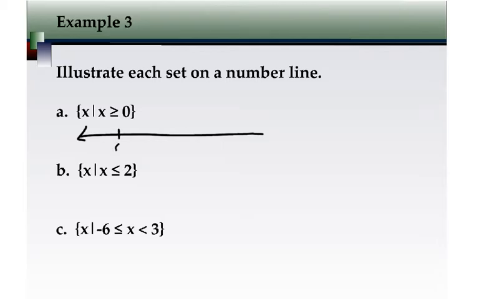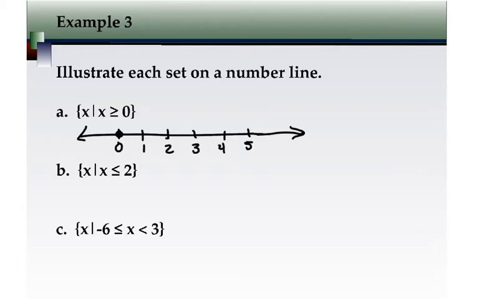I'm just going to start with 0 because everything's greater than that number, and so on. So since it's greater than or equal to, we're going to put a dot here, a filled in circle.